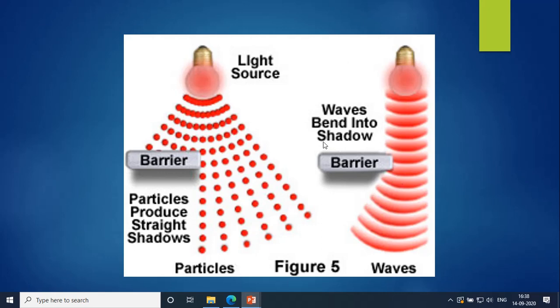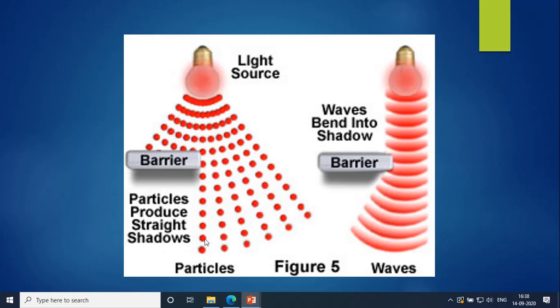Now what happens if I hold a barrier in the path of light from the first bulb, which is emitting light in the form of particles? If I hold an obstacle in the path of light, what happens in this region? There might be a shadow.